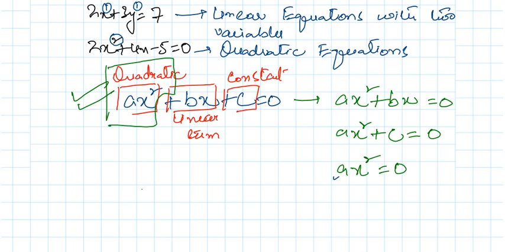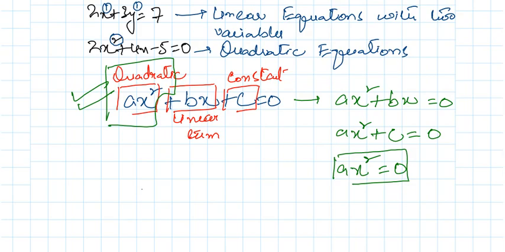The first two types we have already done in factorization and solution of the equations, basic equations. This type we don't need to solve because the roots of this equation are always 0. So we are not going to obviously solve this, but the first two types we have to solve.